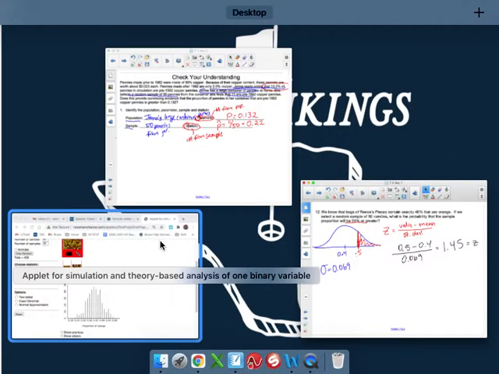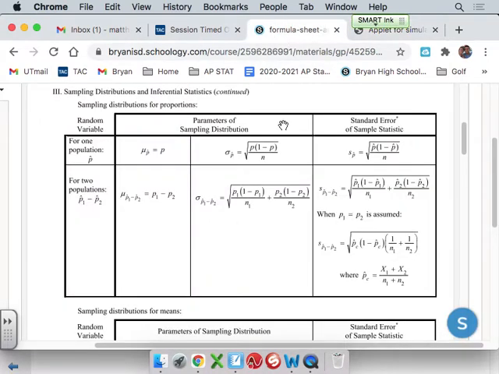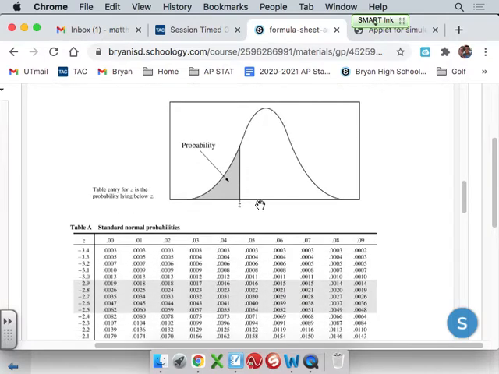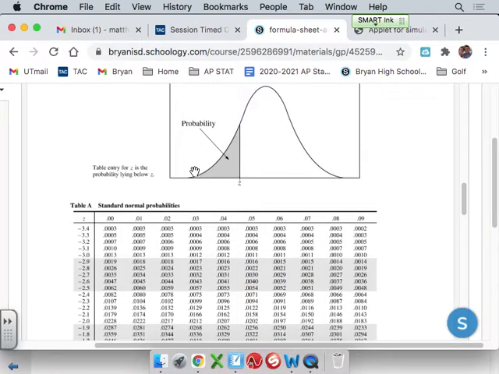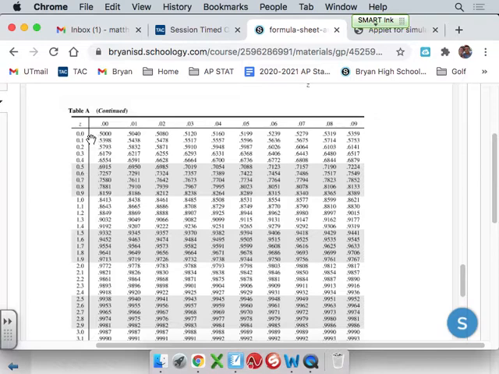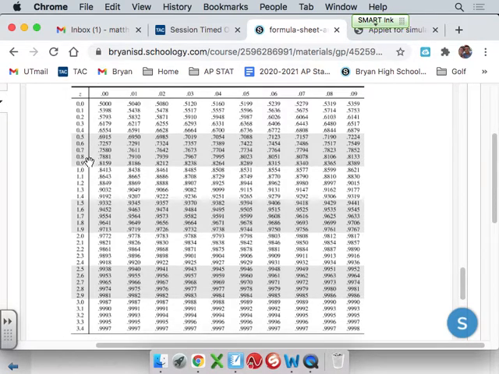And so then I'm going to go to my formula sheet, or in class you have it on 2 different papers, and we look at our normal distribution z-table, and I'm going to go to the positive z side. I'm going to go to z equals 1.4 and then 5, so 1.45 is 0.9265.